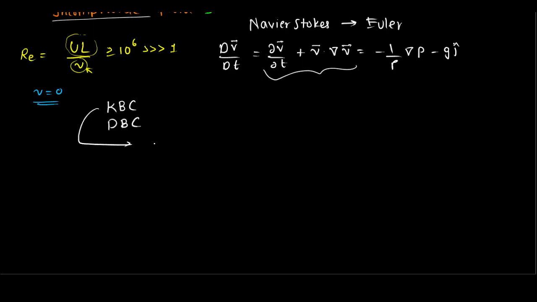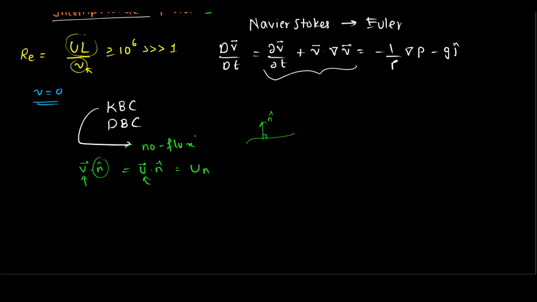The kinematic boundary condition in this case is that there should be no flux. If you remember, we had seen that there should be no flux and no slip in the boundary conditions of our Navier-Stokes equations. In this case as well, we should have no flux. No flux would mean that the velocity of the fluid dotted with n cap, the normal to the boundary, equals un, the velocity of the boundary, or a constant.